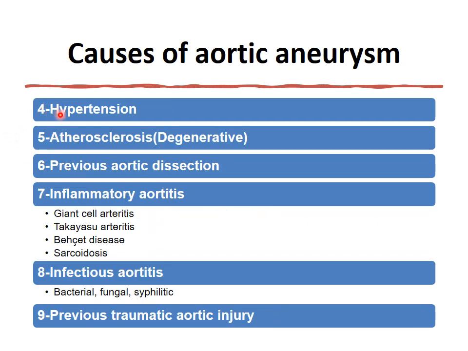The other causes of aortic aneurysm also include hypertension, atherosclerosis or degenerative disease, previous aortic dissection, and inflammatory aortitis, which includes giant cell arteritis, Takayasu arteritis, Behçet disease, and sarcoidosis. We have also infectious aortitis, which could be caused by bacterial, fungal, or syphilitic disease. And finally, previous traumatic aortic injury.